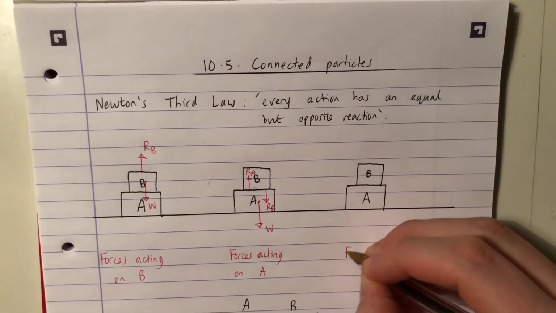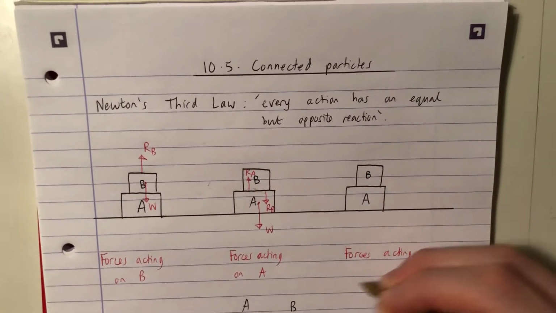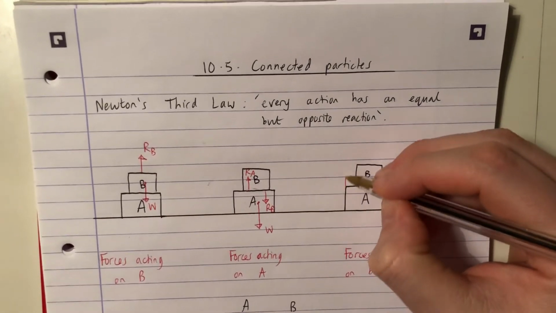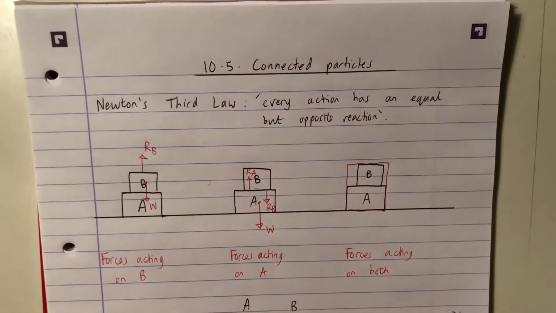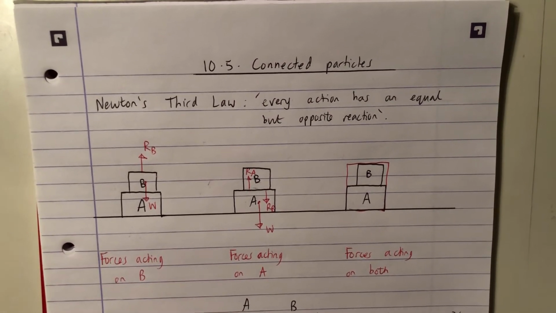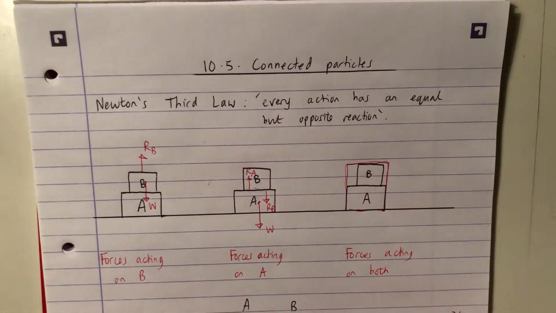Now, a third option is forces acting on both. So if you just considered A and B to be one particle, effectively one object, what forces would act on this one object?